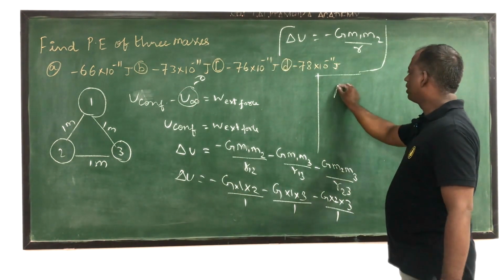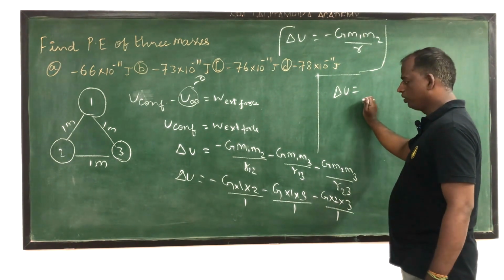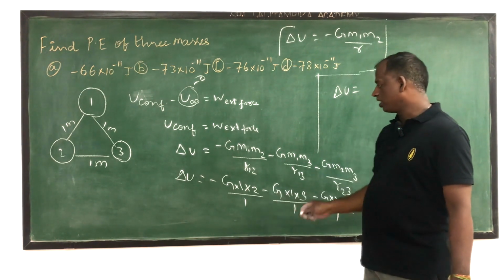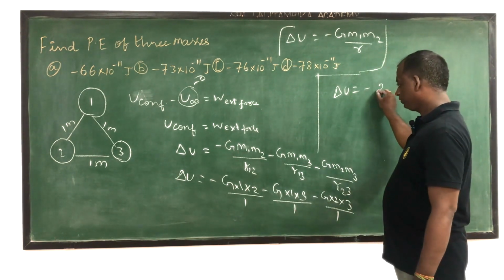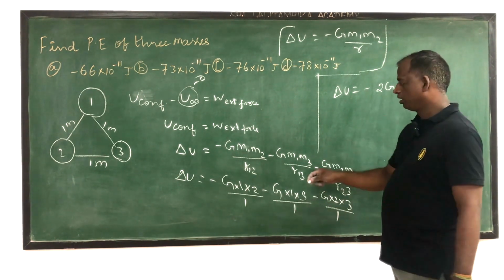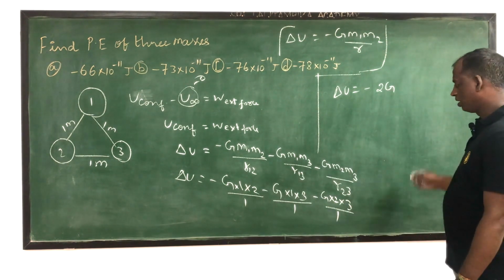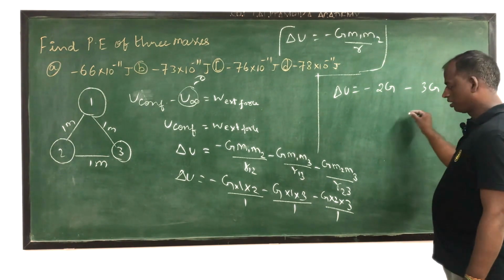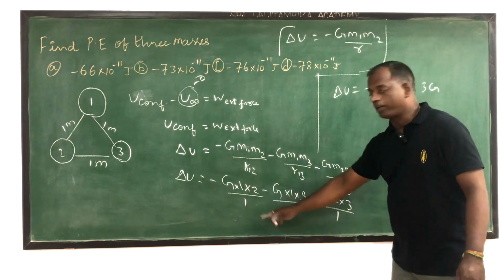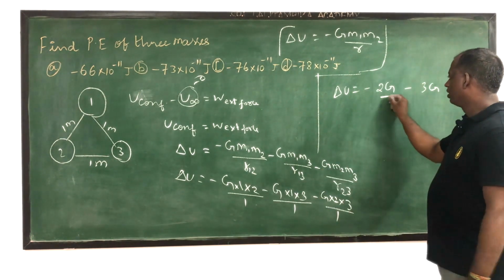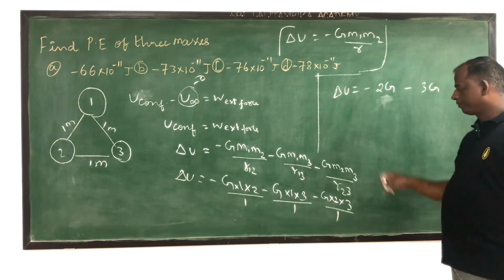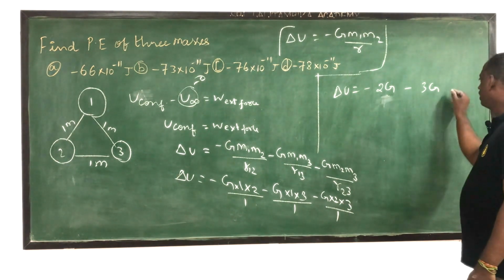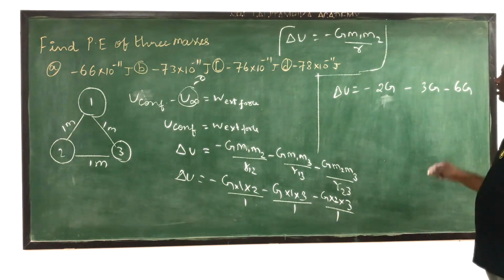So delta U is equal to, what can we write? It is minus G, 1 into 2, it is minus 2G. So 1 into 2 is 2G, minus 3G, because 2 divided by 1 will be minus 2 only. Minus 3G, minus 3 twos are 6, it is minus 6G.